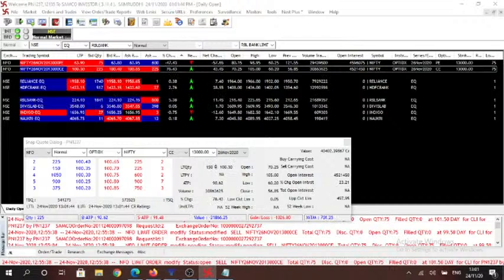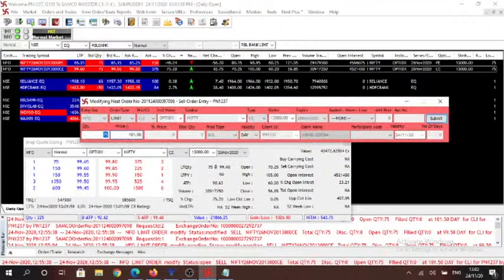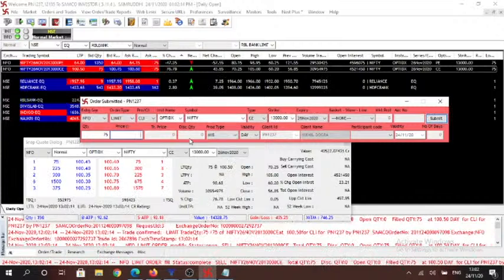Yep. I'm modifying that order to 100. Let's see if it gets filled. 100.5. We have exited one of our positions.